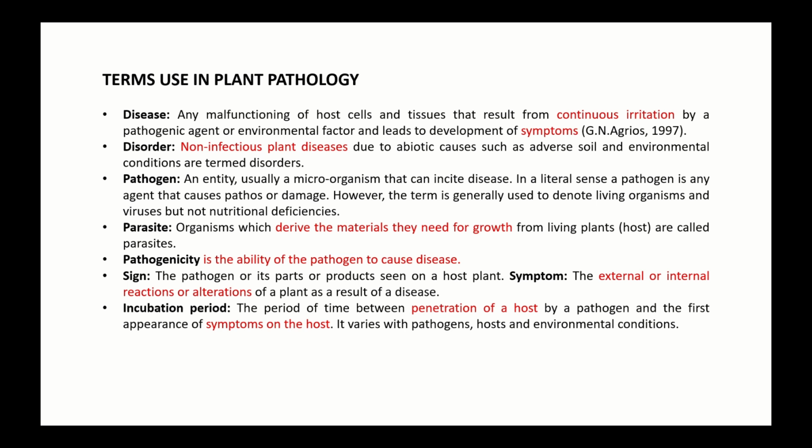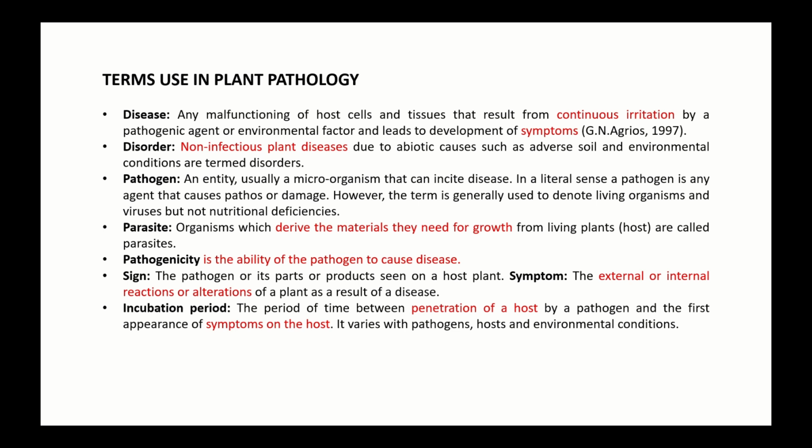Parasite. A parasite is an organism which gets attached to a host for living and nutrition. It is for growth purposes. Pathogenicity is the ability of a pathogen to cause disease. Sign, what do you mean by sign?